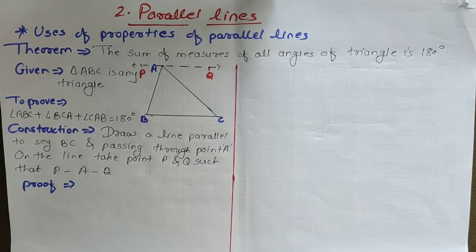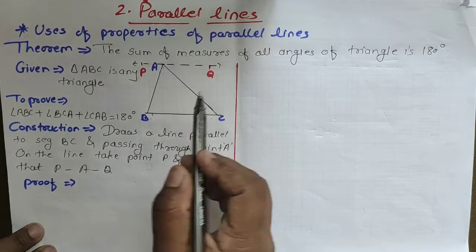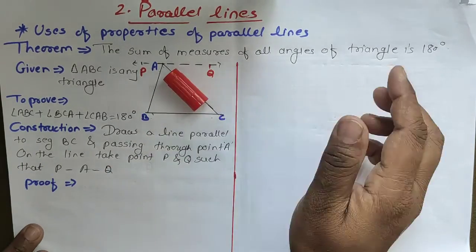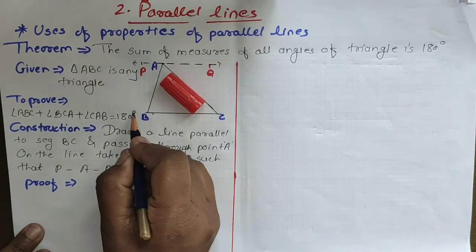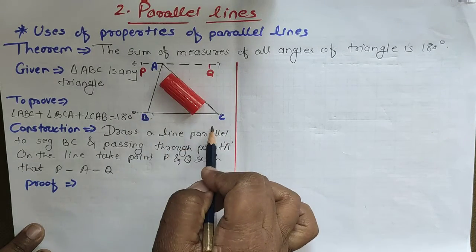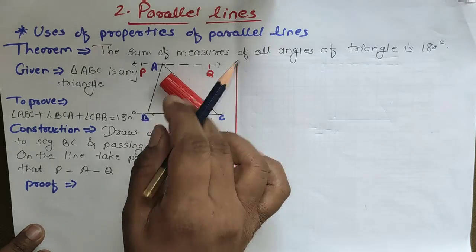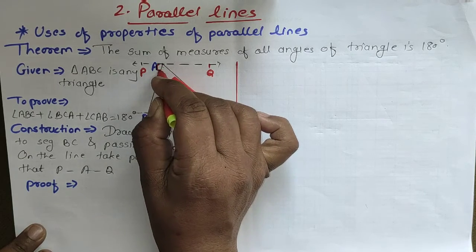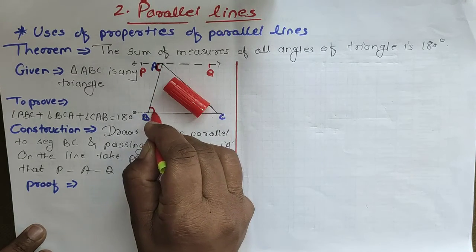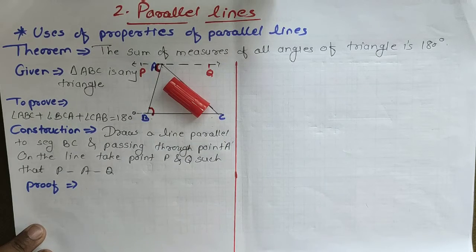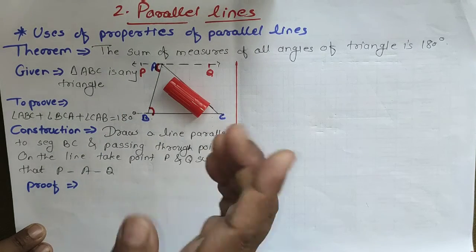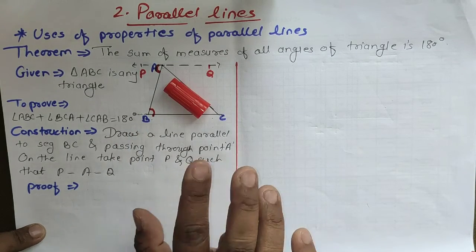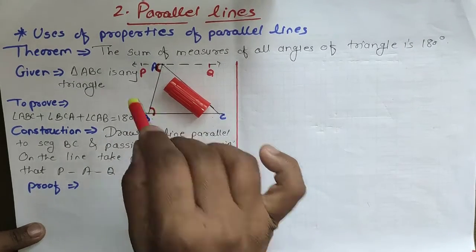First of all, PA is parallel to BC and AB is its transversal, then angle PAB is congruent to angle ABC, because we have seen in the properties of parallel lines that when two lines are parallel to each other, the alternate angles are congruent to each other.